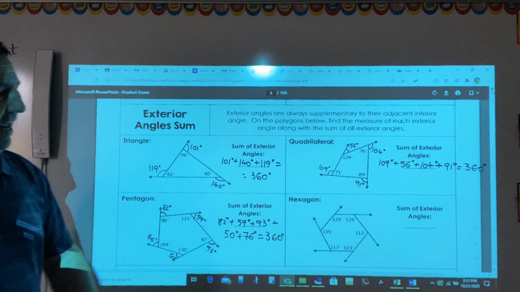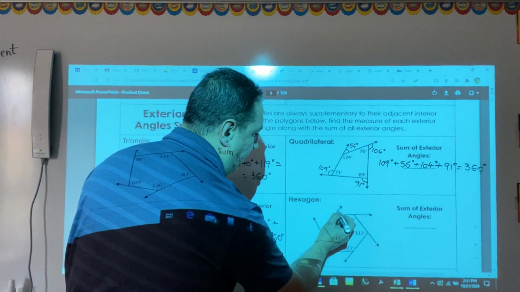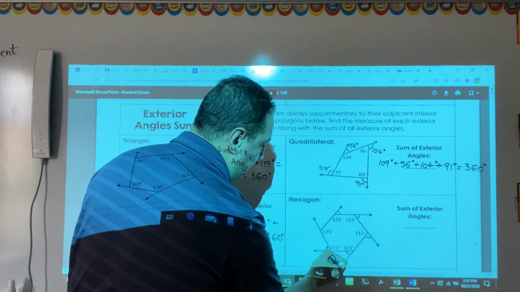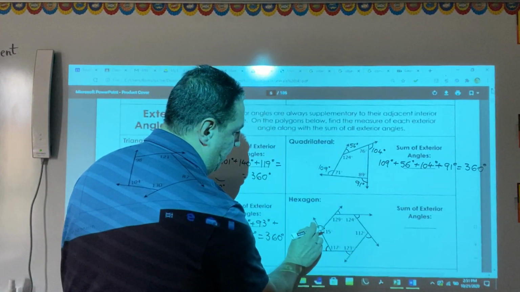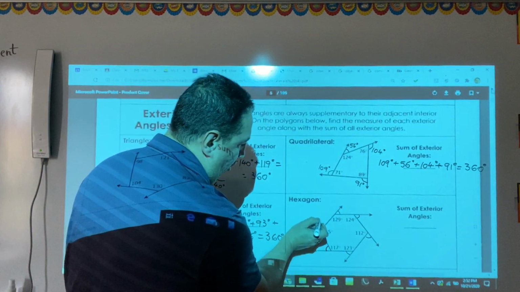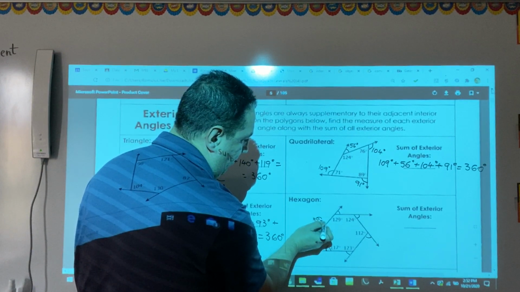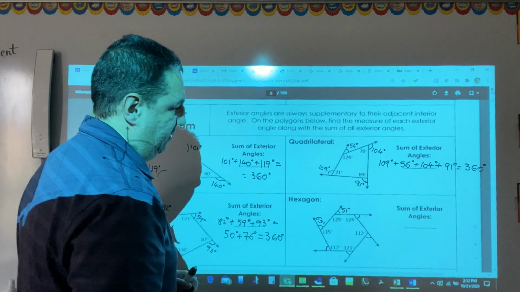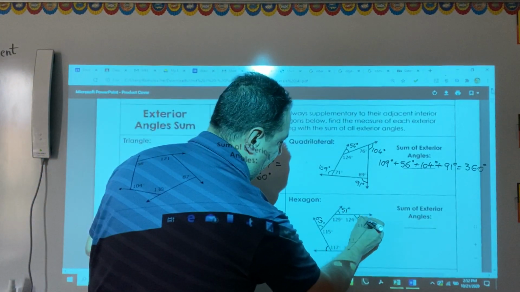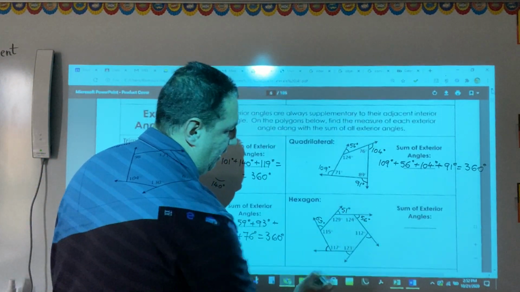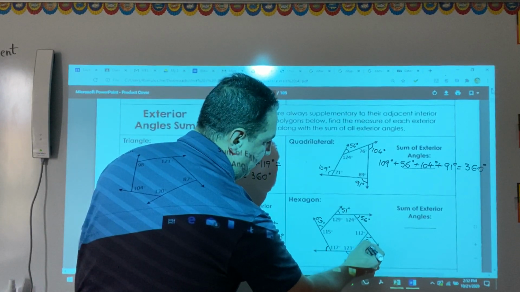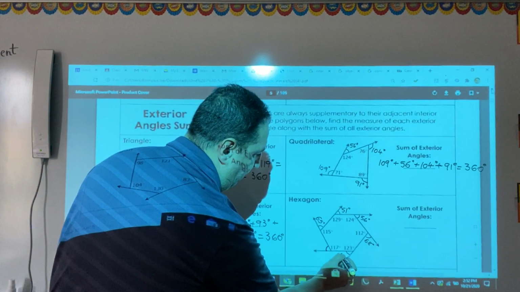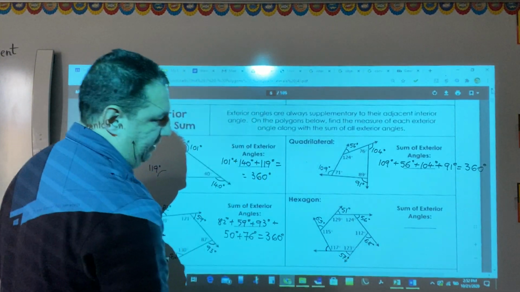Good. The next one, for a hexagon, we're going to have 6 exterior angles. So for this one, you're going to have 65 degrees. Here, 51 degrees. Here, 56 degrees. Here would be 68 degrees. For this one, 57 degrees.